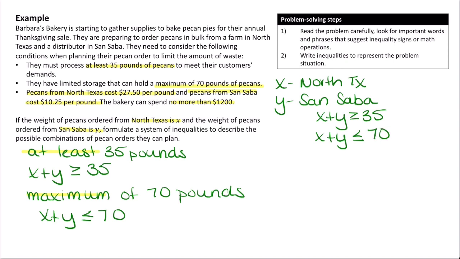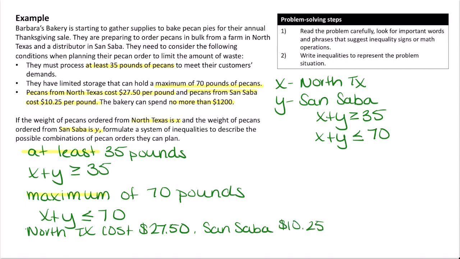And now the next sentence says pecans from North Texas cost $27.50 per pound, and pecans from San Saba cost $10.25 per pound, and they can spend no more than $1,200. We know that the cost times the weight of the pecans is how much they end up spending on an order.